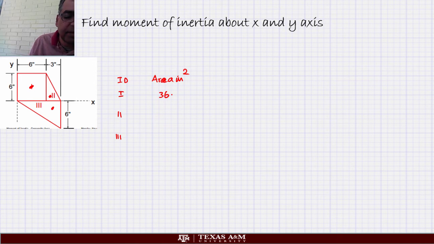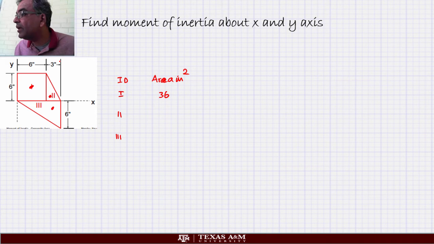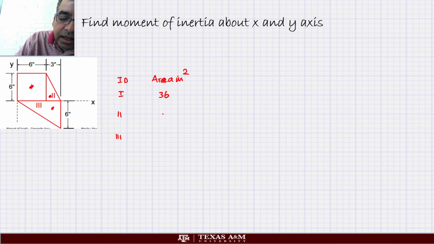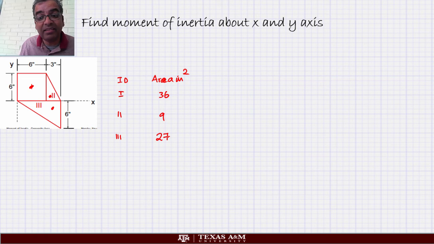Can you see 6 times 6? How about the second one? The area of the second one is base times height divided by 2, which is 6 times 3 divided by 2, which is 18 divided by 2, that's 9. And then the last one, base times height divided by 2, which is 9 times 6 divided by 2, that is 27. That's easy, right?